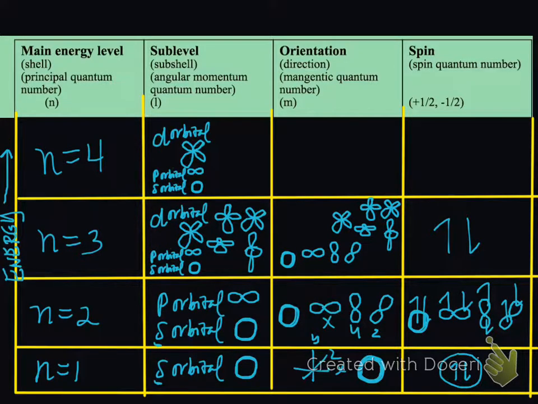Add to your S, P, and D an F. An F is, quite frankly, too weird to draw. The important thing to know is that there are 7 different orientations that an F orbital can take around the nucleus. When I say they're too weird to draw, I mean it. Do a Google search.